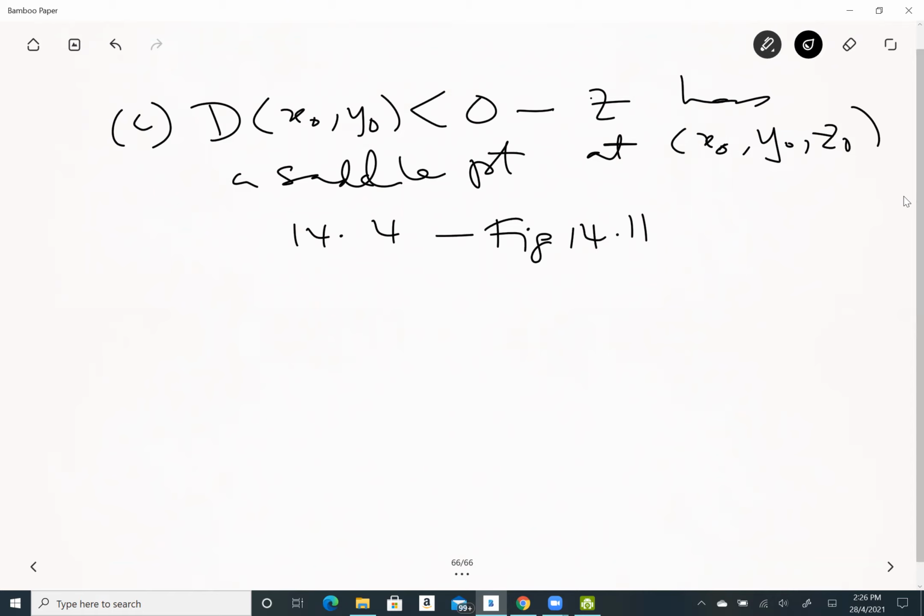You see here, if you're coming from the x perspective, you have a maximum. The function is going up and then going down. But from the y-axis, the y perspective, it is a minimum. So that's why you call it a saddle point. It's like a horse saddle.